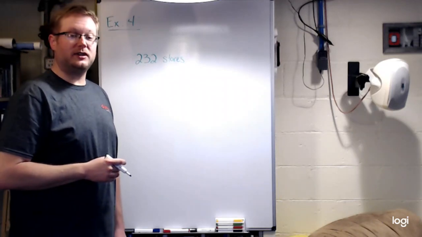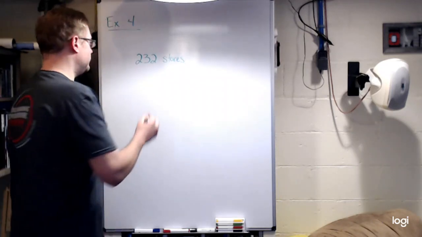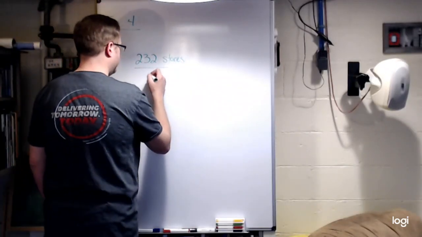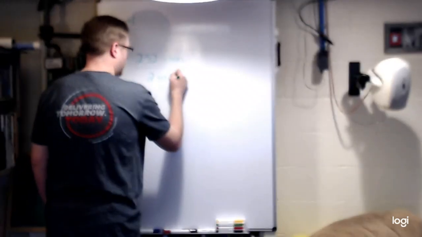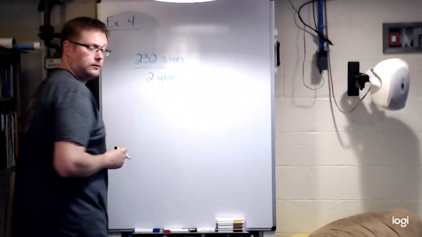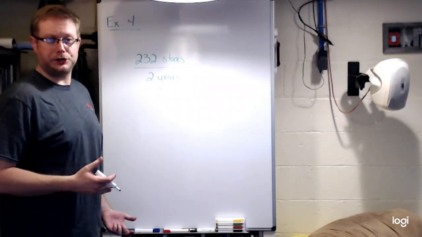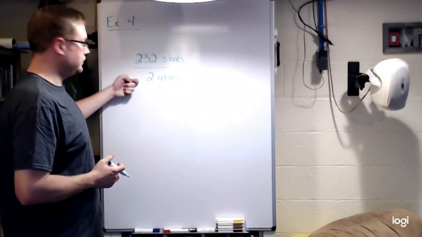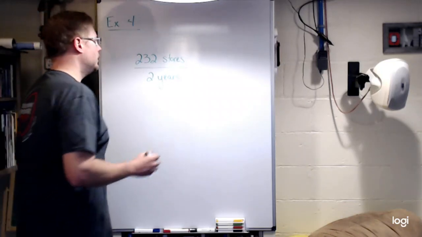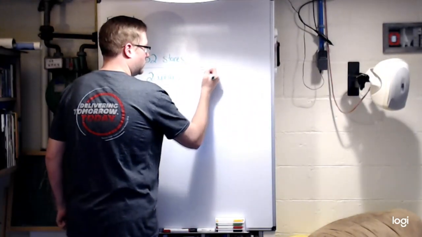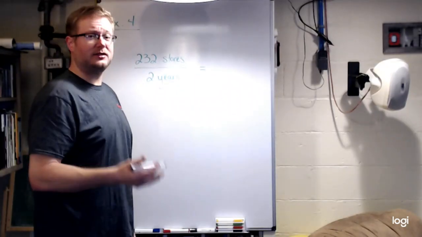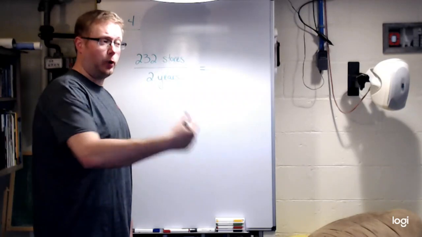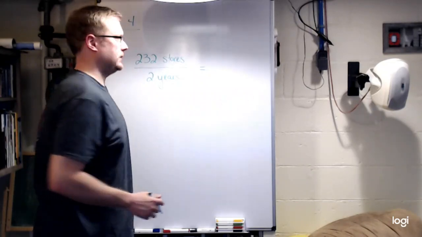It says in the past 2 years, though. So 232 stores in 2 years. Okay? There's our ratio. 232 in 2 years. We're going to set up a proportion here because it says it remains constant, so it's proportional each year.